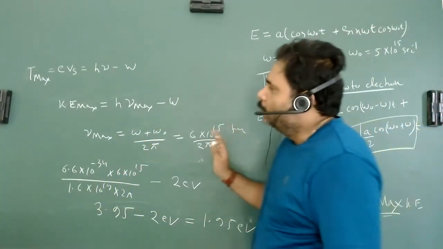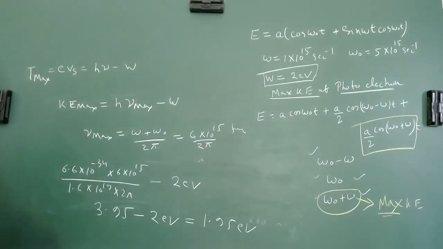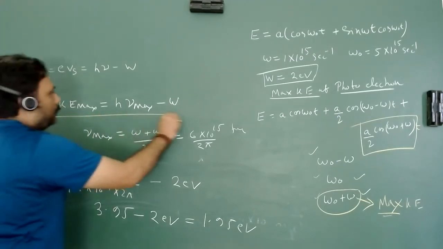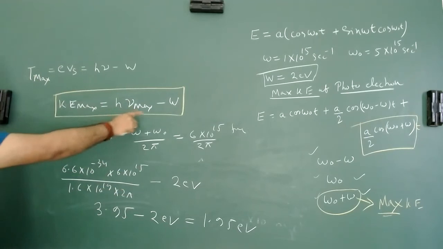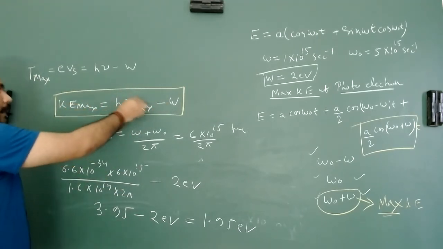So we can reorganize our formula: the maximum kinetic energy is equal to h nu maximum minus W. So the maximum kinetic energy is related to the maximum frequency.